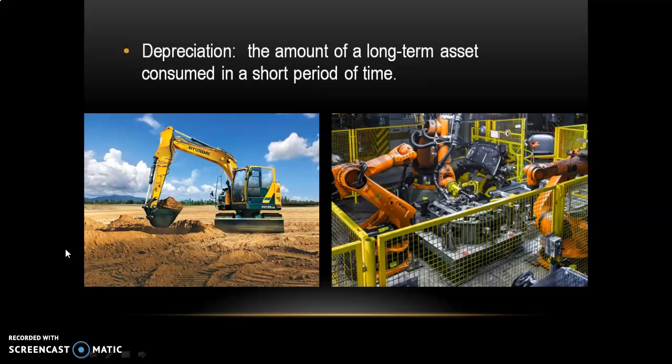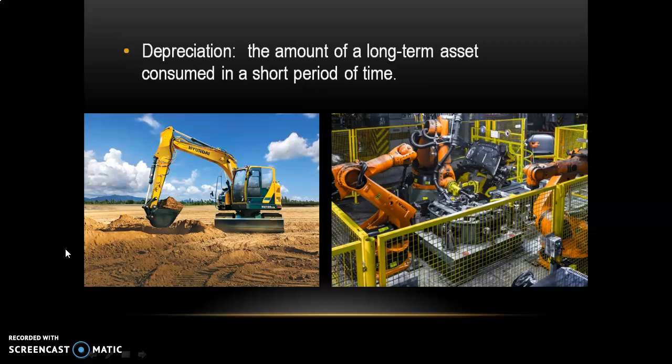So if I think that excavator is going to be in use for 30 years and it costs me $150,000, I'm going to divide $150,000 by 30 years, and that's the amount that I'm going to record as an expense on my income statement for that year. Well, let's take an example that might be a little bit easier. Let's say that machine on the right costs $100,000, and I anticipate that machine is going to last 10 years. $100,000 divided by 10 years is $10,000.